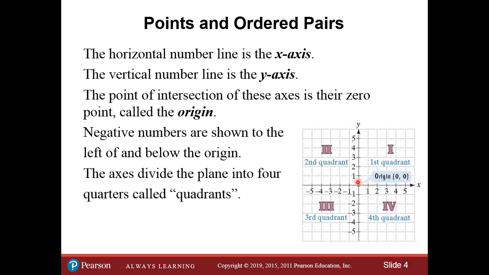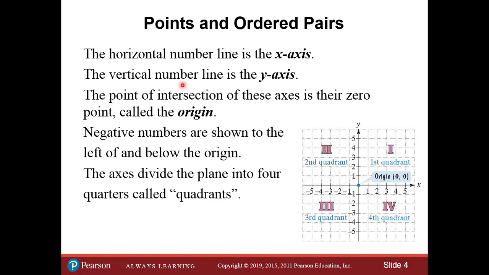The x-axis is the horizontal, and the y-axis is the vertical. I can determine the location of any point in this plane as long as I know how far to go in the x direction versus the y direction.